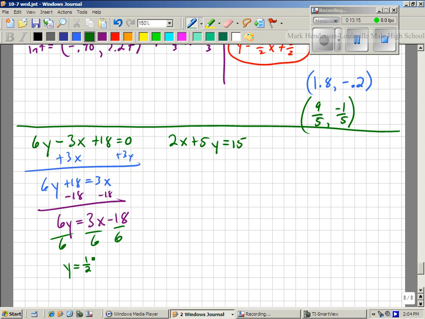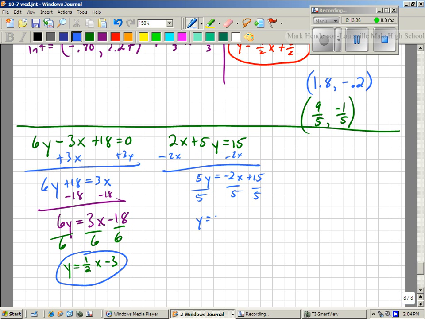You divide everything by 6, which gives you 1/2 x minus 3. And that's your equation that you're going to put in your calculator. Here you subtract 2x everywhere. Gives you 5y equals negative 2x plus 15. Divide 5 everywhere, and you get y equals negative 2 over 5x plus 3.